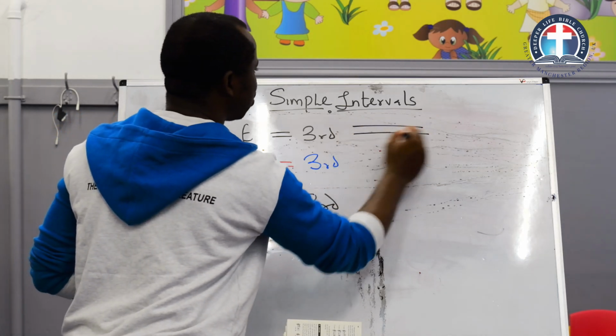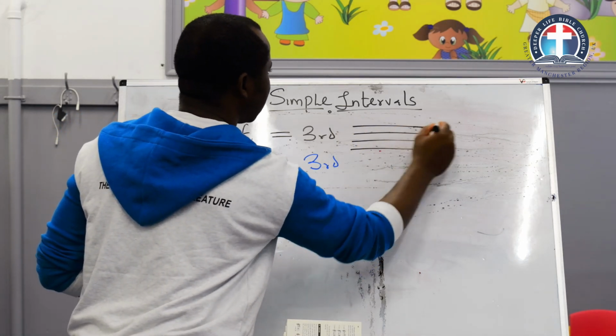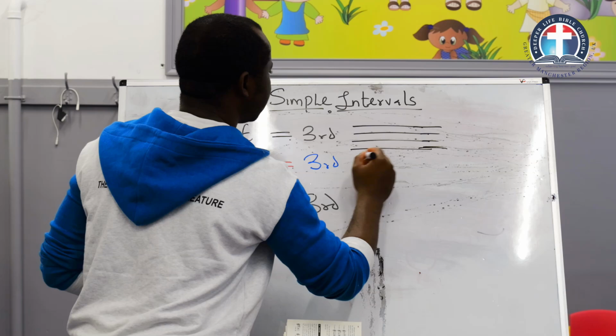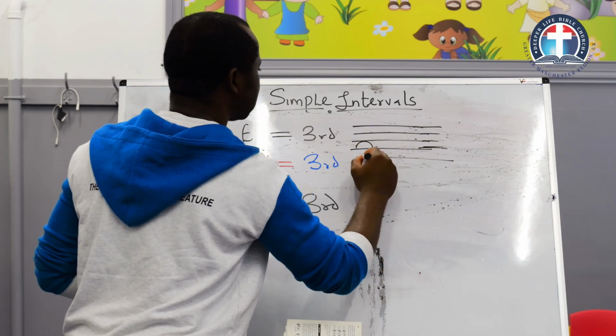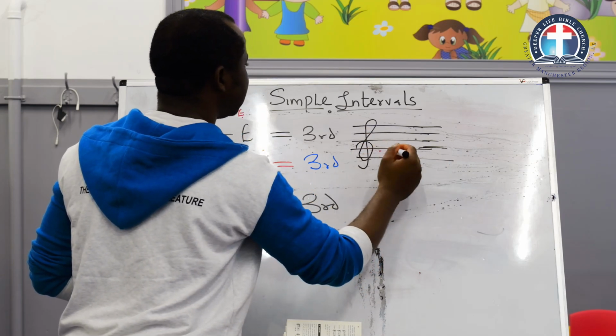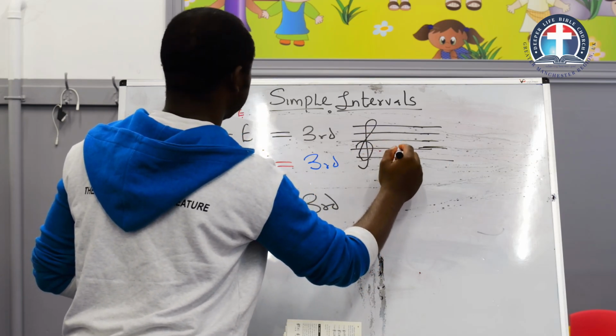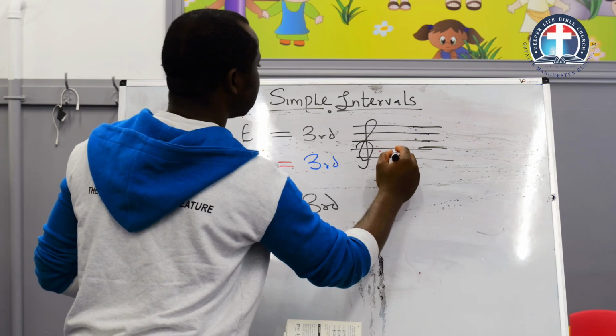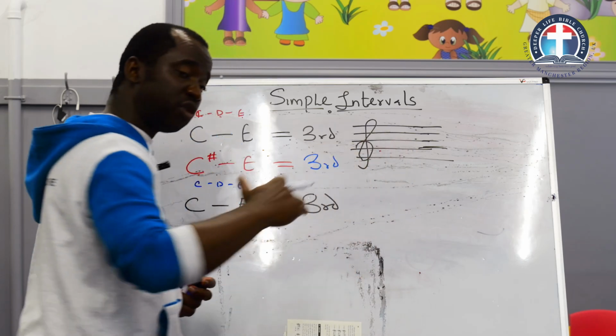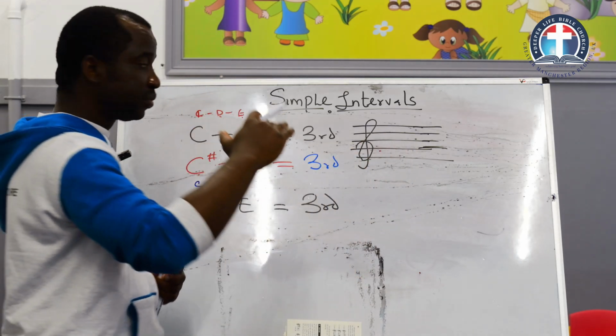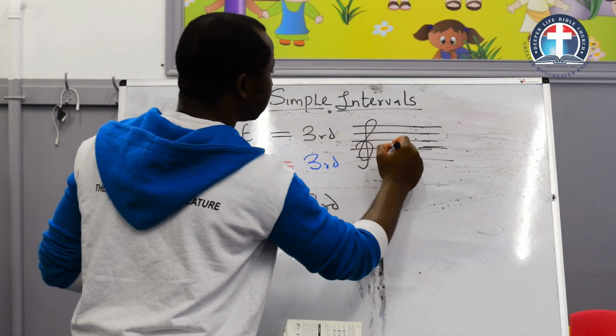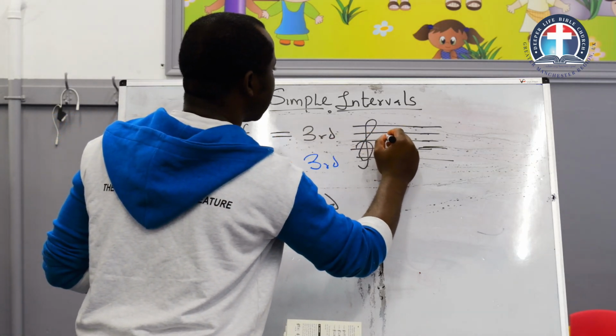So sometimes they will put it for you like this, and you have to be able to identify it. So let's say this. You have to count from down to up. So let's say you have this.